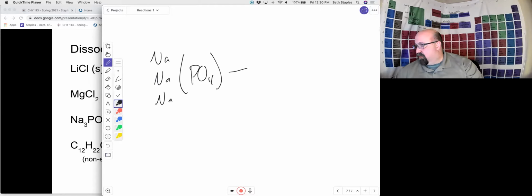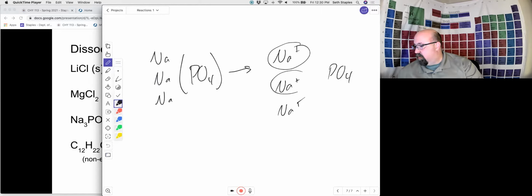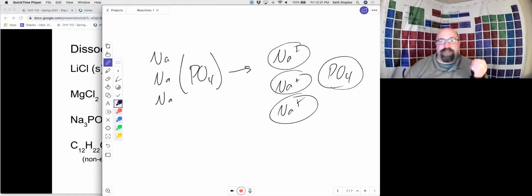When that dissociates into water, these are all separate from each other, all floating around in there. And remembering that the PO4 is staying together as its own entity. It's a polyatomic ion. It is not going to separate. So that's very important, very key for us.